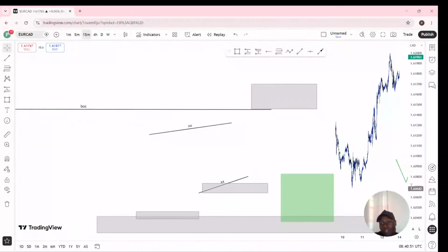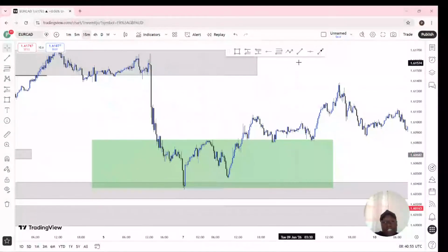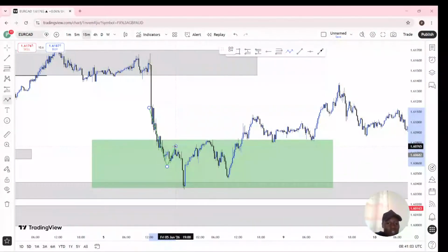Let's see if the shift actually happened as we expected. Now we see price sloping, reversing, retracing, and price goes below this level. That is another break of market structure to the downside.